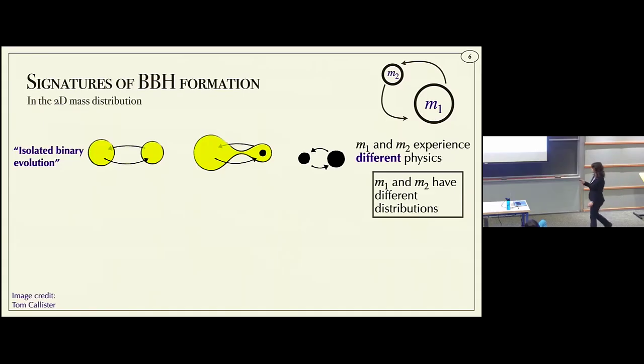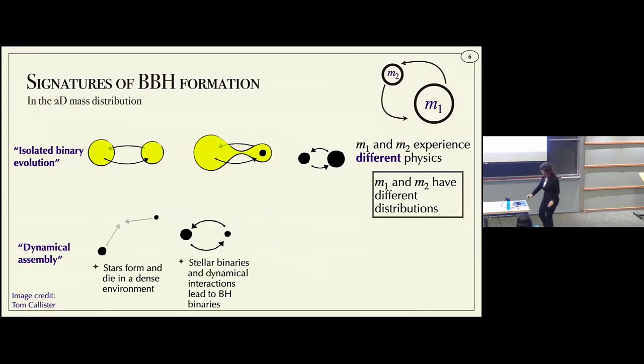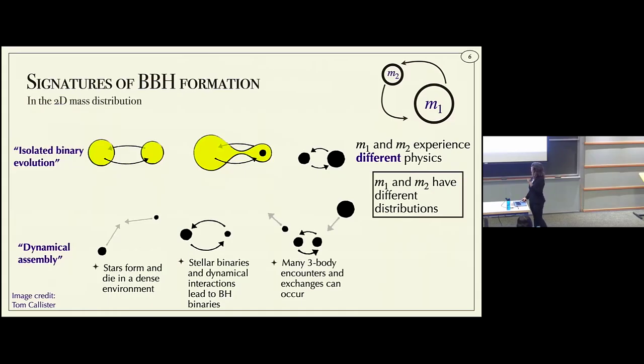The second cartoon is inspired by dynamical assembly, where you have two stars forming in a dense environment. A binary forms either because it's a primordial binary or because they found each other in this dense environment, and then you get binary black holes. The ones that eventually merge have undergone different three-body encounters.